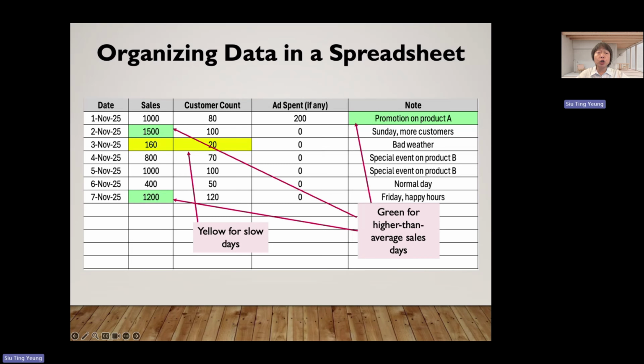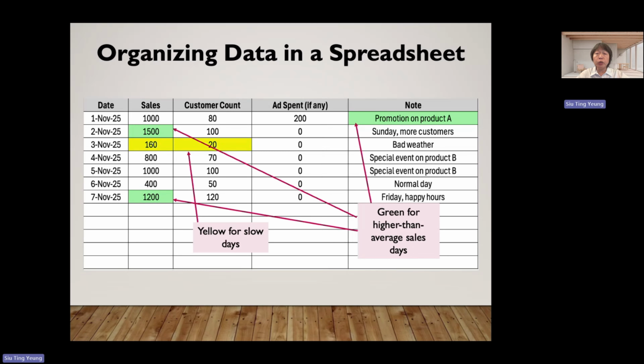Like you see in the chart, green are like on the 2nd of November, the sales is about 1,500. It's due to Sunday, more customers. And on the 7th of November, the sales amount to 1,200 because of Friday happy hours. In comparison with the yellow code, you can see only 160 and 20 customer count on the 3rd of November, which is bad due to the bad weather.